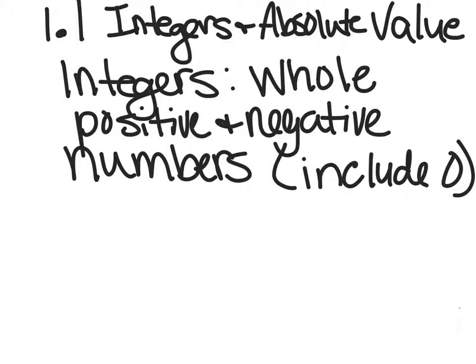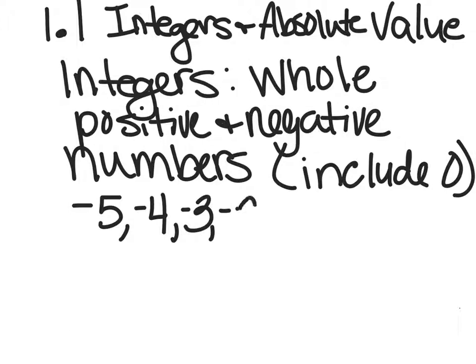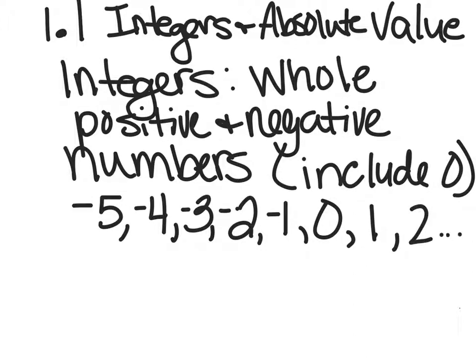You may not have learned as much about negative numbers, but any negative number would be considered an integer. So -5, -4, -3, -2, -1. Those are all integers. So is 0, because we included 0, and 1, 2, and so on. All of those numbers would be considered integers.